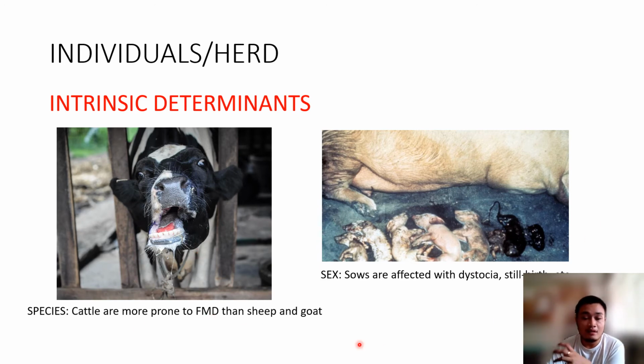So you expect that the boar will have dystocia? You do not expect that because they do not have a female reproductive tract, right? So the point here is that we have intrinsic determinants of disease, wherein these are specific, innate characteristics of the animal that make them more prone to certain health conditions.